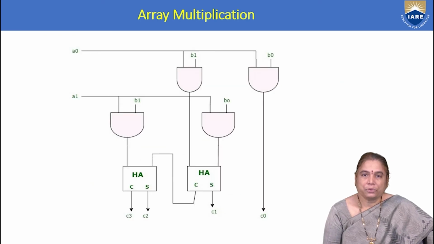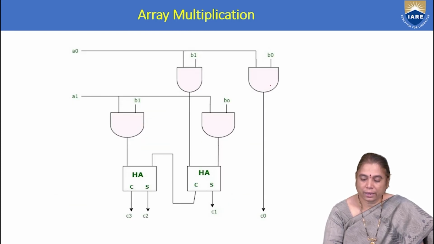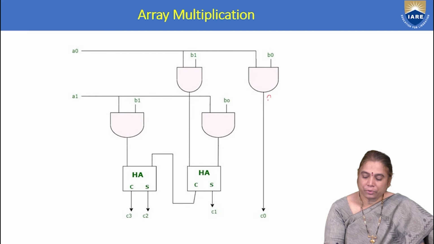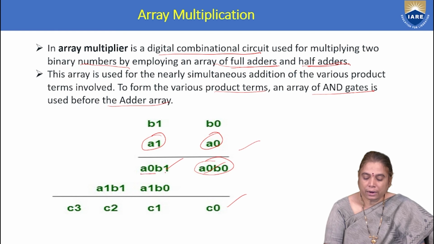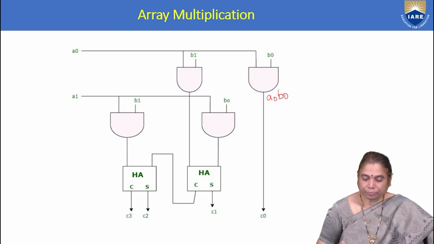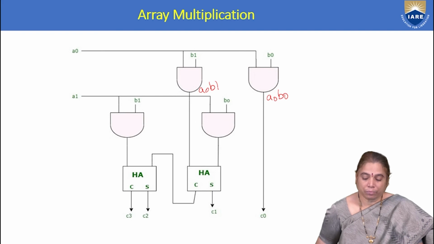In order to produce the first term, A naught B naught, for this AND gate the inputs are B naught and A naught, and the product produced is A naught B naught. Next, A naught and B1 can be given to one AND gate, and this is the product term A naught B1.